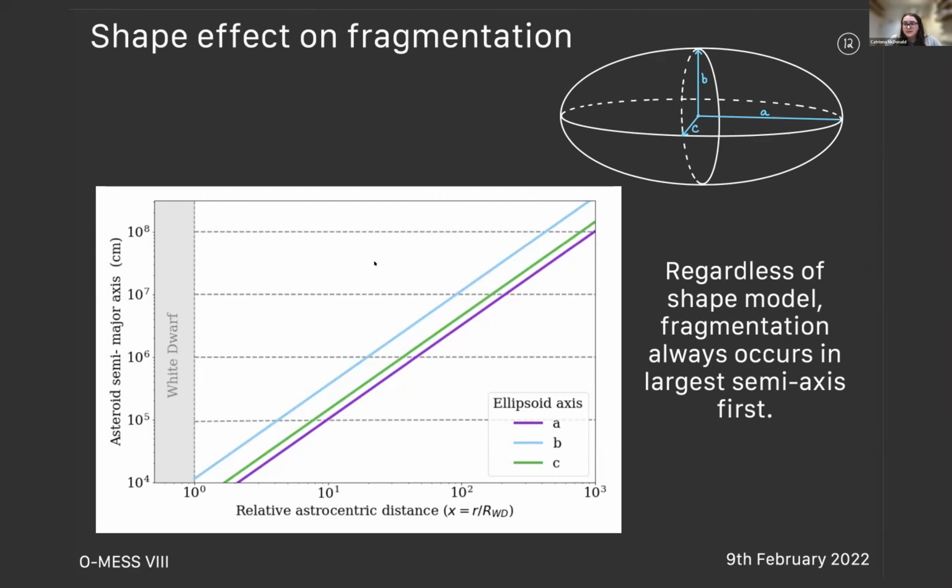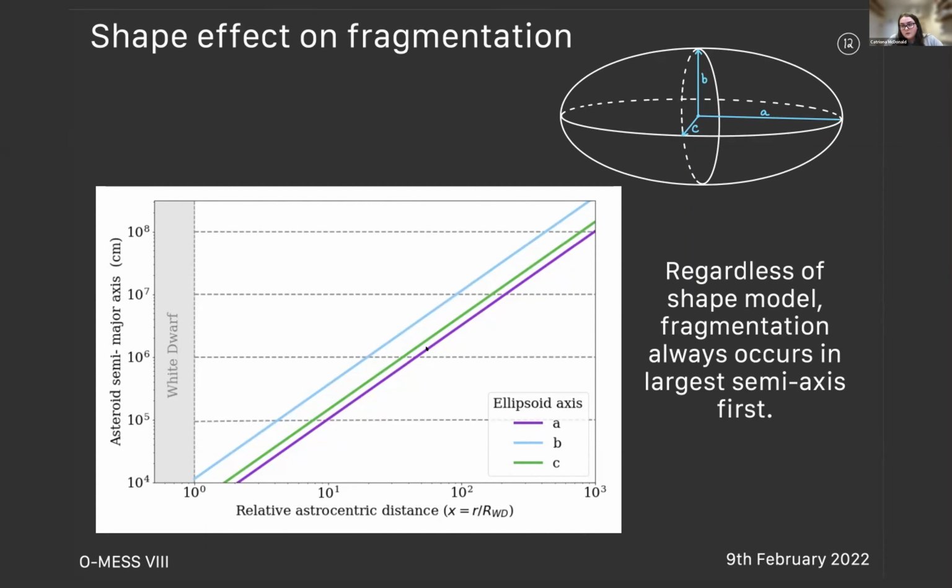And this plot is essentially the same as the one I showed you previously. So size proxy on the y-axis, distance on the x, and how does the fragmentation condition change for the different semi-axes. So in this case, we are considering the three directions separately, and we're saying when will that particular direction fail?